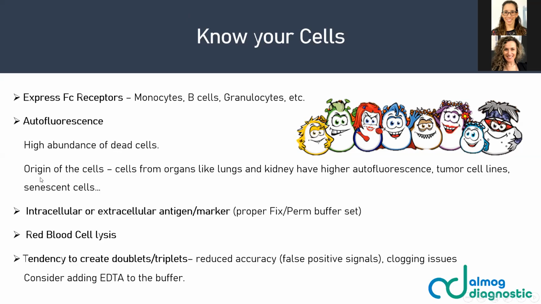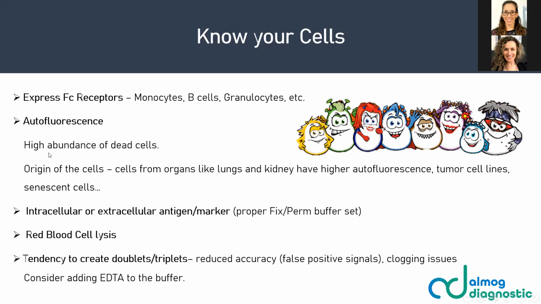And also important is to know the origin of the cells. Cells that come from inner organs like lungs and kidney tend to have high autofluorescence. Tumor cell lines, senescent cells, all those have higher autofluorescence, which also needs to be addressed.